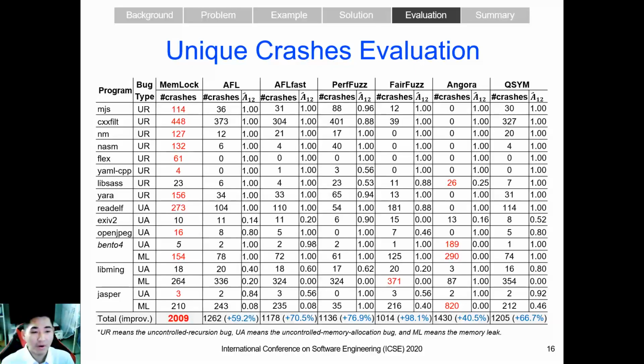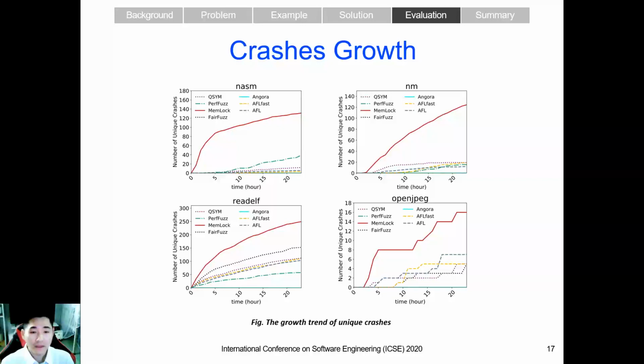From the table, we can see that MemLock discovered 2009 unique crashes related to uncontrolled memory consumption, representing an improvement between 40% and 98% when compared to other baseline fuzzers. Here we show the growth trends of unique crashes found by each fuzzer. We can see MemLock has a steady and strong growth trend.